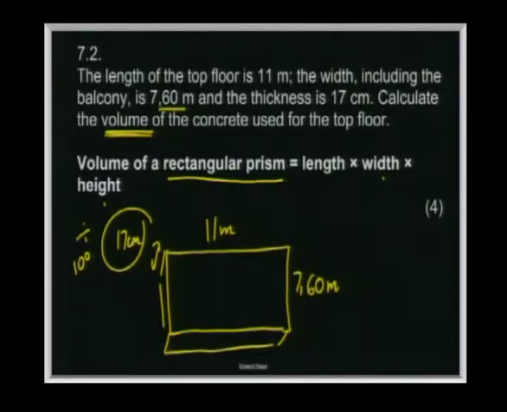So we need to convert the centimeters to meters. How do we change centimeters to meters? We need to divide by 100 because there's 100 centimeters in a meter. So I'm going to divide this by 100. So it's going to end up being 0.17 meters. And that's my height. So this is my length. And this is my width.